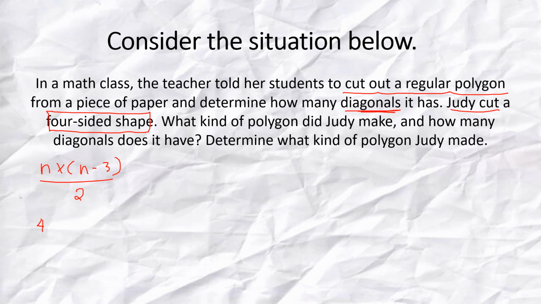Replace the value of n by 4. 4 times 4 minus 3, divided by 2. 4 minus 3 is 1. So we have 4 times 1 is 4, divided by 2. The number of diagonals for this quadrilateral is 2.